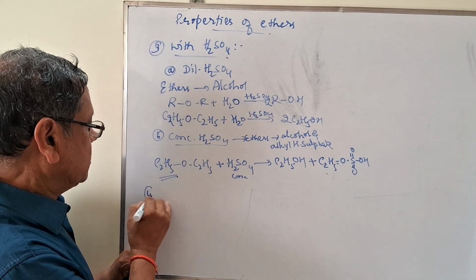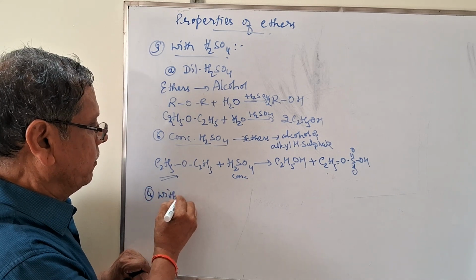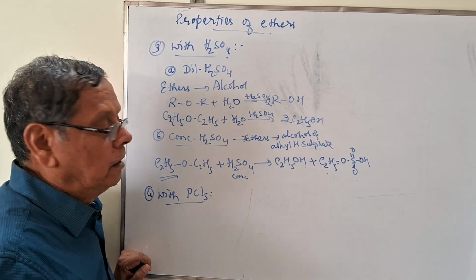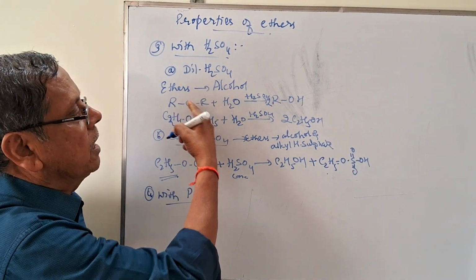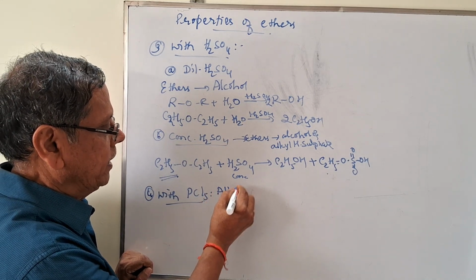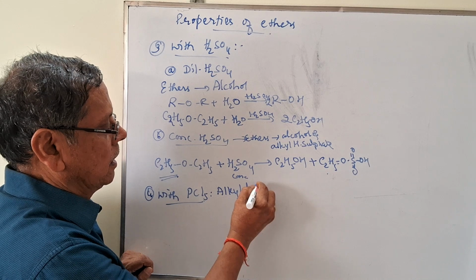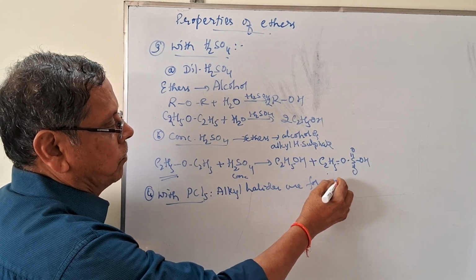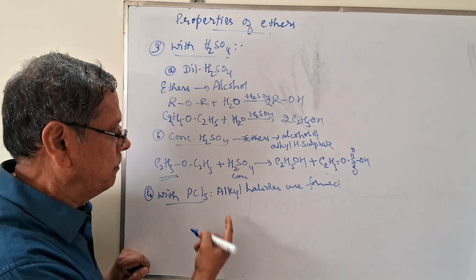Then the next reaction is with PCl5. PCl5 will cleave both the carbon oxygen bonds and hence we will get the alkyl halides. Alkyl halides are formed. Both the carbon oxygen bonds are cleaved by the PCl5.